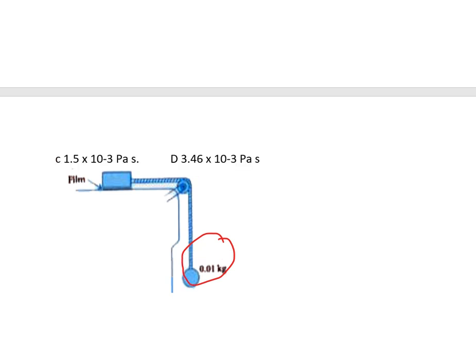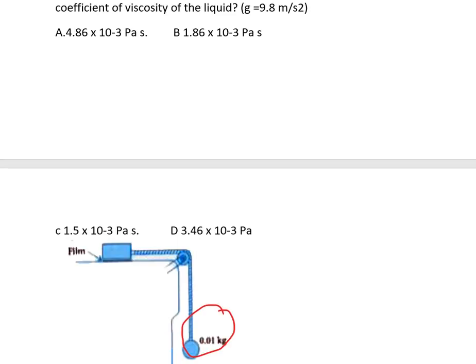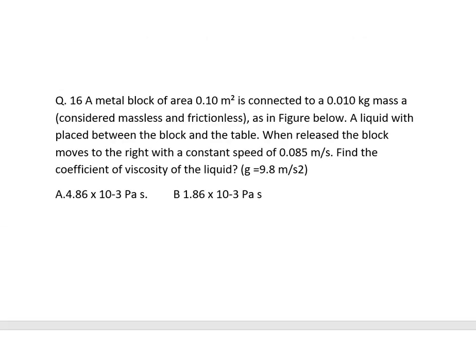A metal block and a liquid are placed on a table. When released, the block moves to the right with a constant speed of 0.85. That means the block shown here will move to the right with a constant speed. Then the question asks: find the coefficient of viscosity of the fluid.